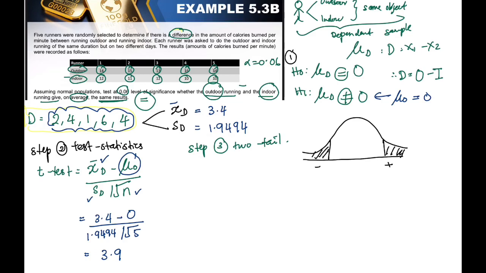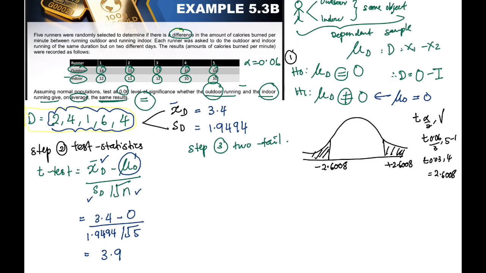So, T alpha over 2, with nu equals 5 minus 1. So, T 0.03, 4 is equal to 2.6008. You put here 2.6008, and here negative 2.6008.